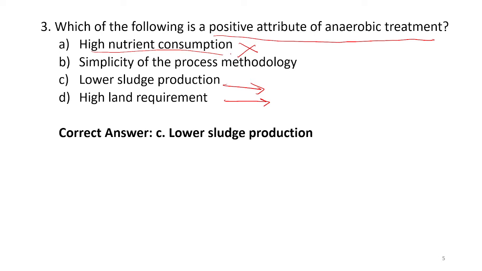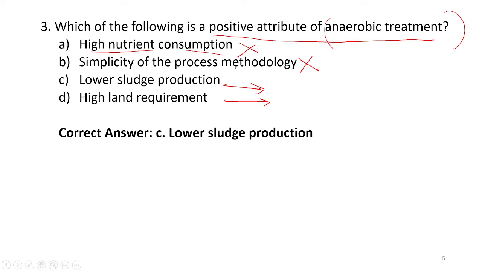Then option B says that simplicity of the process methodology, which is also wrong, because anaerobic treatment demands a high level of process methodology, like high skilled labor or high skilled expertise for carrying out the anaerobic treatment methods. So option B is also incorrect.